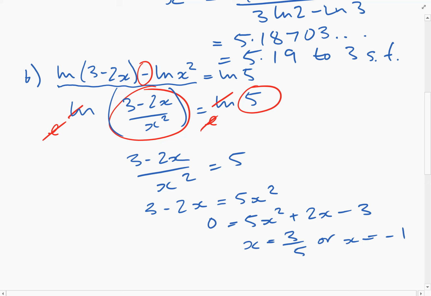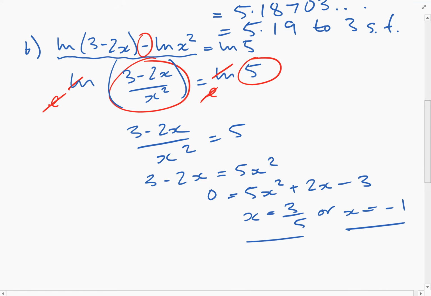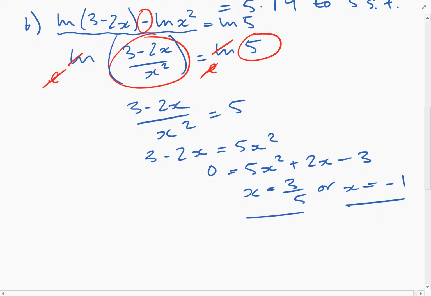Now, I'm not quite finished because you do just need to check that both of these will work with the original equation, because when you're dealing with logarithms, you can't do a ln of a negative number.